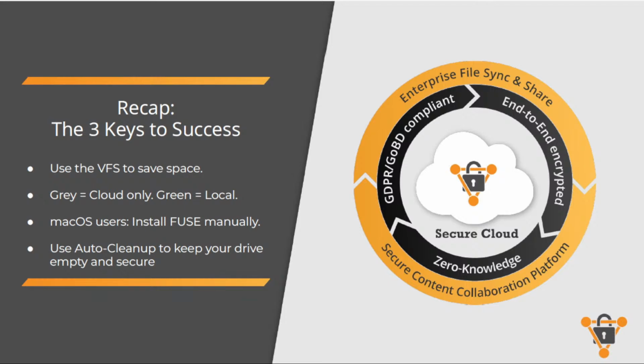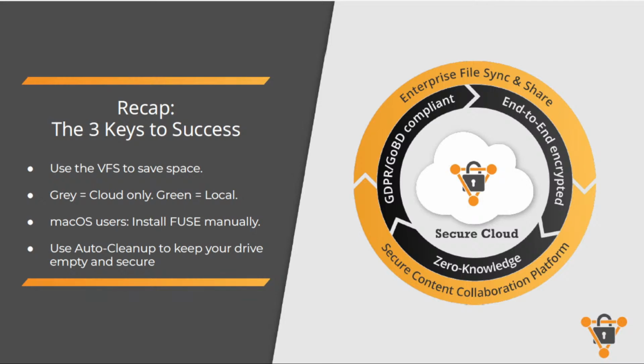And green means it's available in the local file system and it's also available on the server. Again, for Mac OS users, you must install Fuse manually, and you can simply find more information about where to download macFUSE in our FAQ. And again, there's a link to the exact FAQ article in the description of this video.